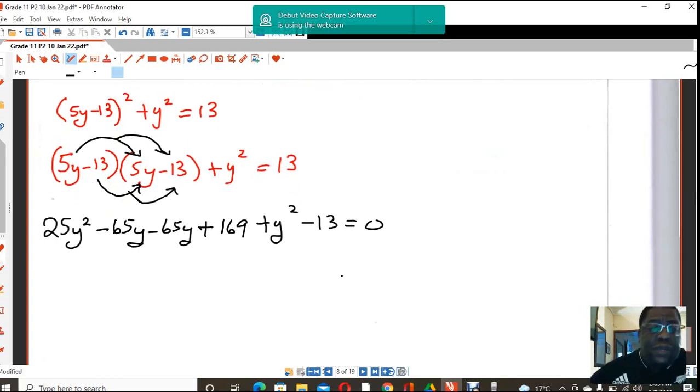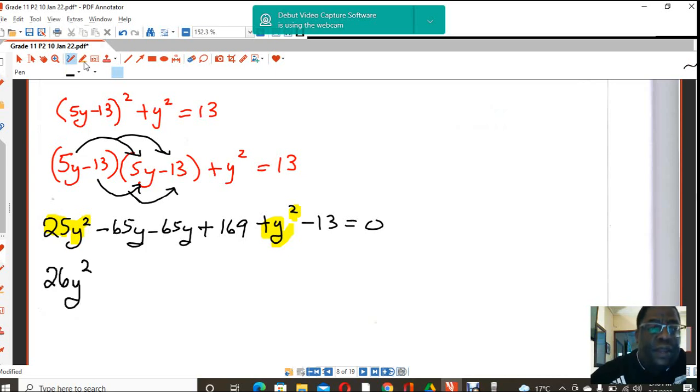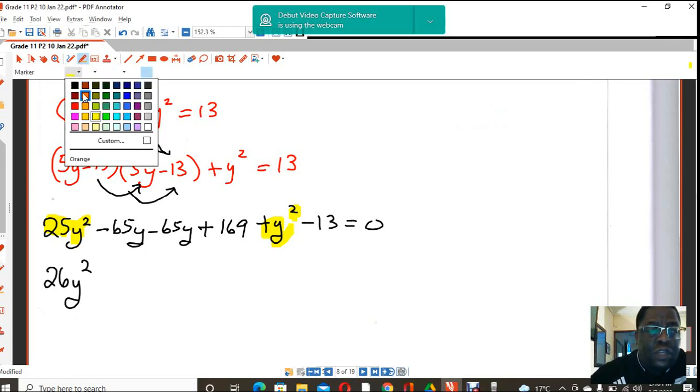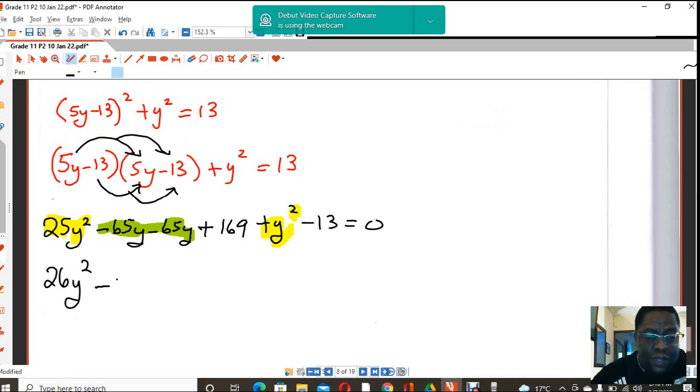Now, we can clean this up. We can find like terms. And if you look carefully, you'll see that this 25y squared and this y squared go together. In fact, they will give you 26y squared. And then if you go further, you would realize that this minus 65y and minus 65y in the middle are also like terms. They give you minus 130y.